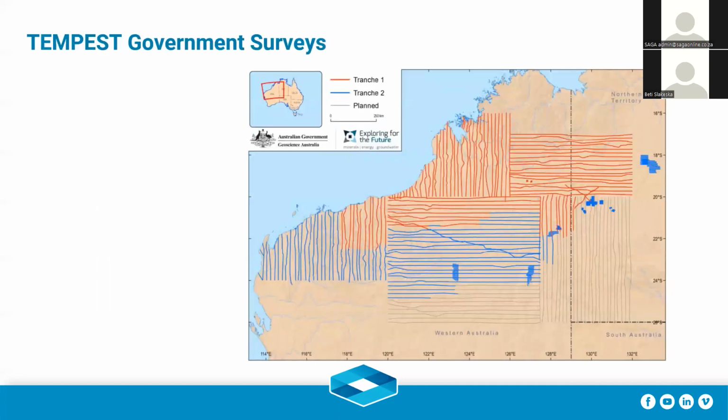So on to today's talk. As Oleg mentioned, I will be covering the conductivity of the area displayed on your screen. It's a very large survey that the government, Geoscience Australia and the GSWA, acquired in August 2000 as part of their Exploring for the Future initiative.